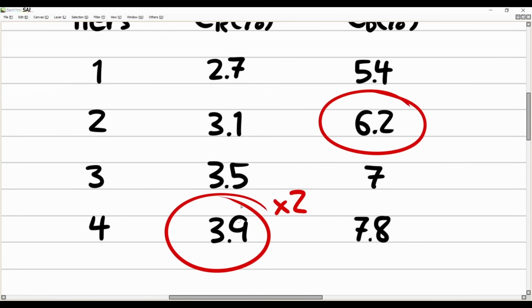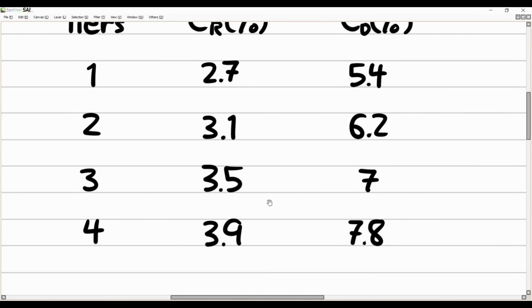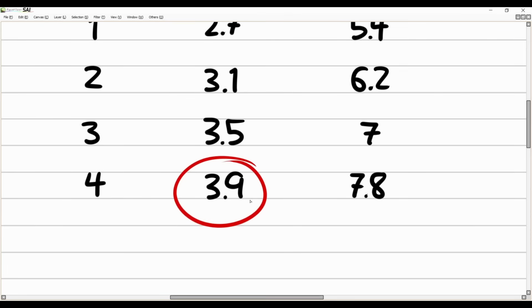So, notice that these are very discrete. We have either 2 of this, we have 1 of this, or you could have 3 of this, and so on and so forth. And it just so happens that if I happen to get lucky every single time, you would start with the base value, which is 3.9, but then if I reach level 4 and it upgraded by 3.9, then I would now have this times 2.